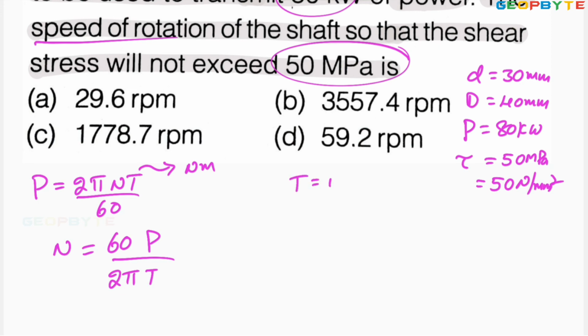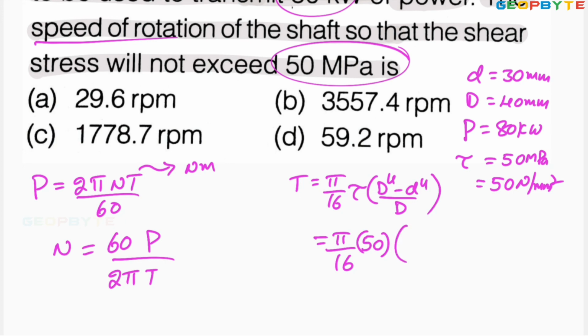Torque T equal to pi by 16 into tau into capital D power 4 minus small d power 4 by capital D. It is for a hollow shaft. Pi by 16 into tau 50 into outer D 40 power 4 minus inner diameter 30 power 4 divided by 40. You simplify this value.